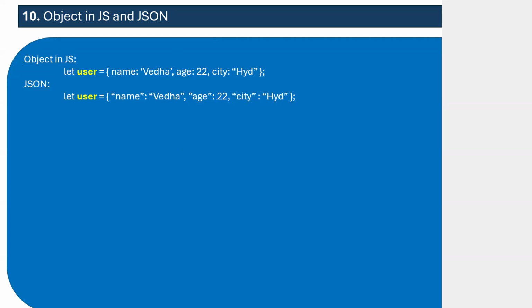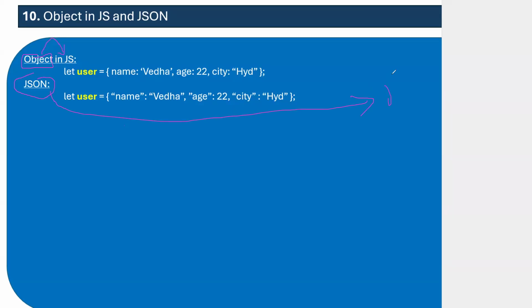I heard a few points from you folks. The first point is that the concept of object is limited to JavaScript only. But the word JSON is a common topic for almost all programming languages nowadays.